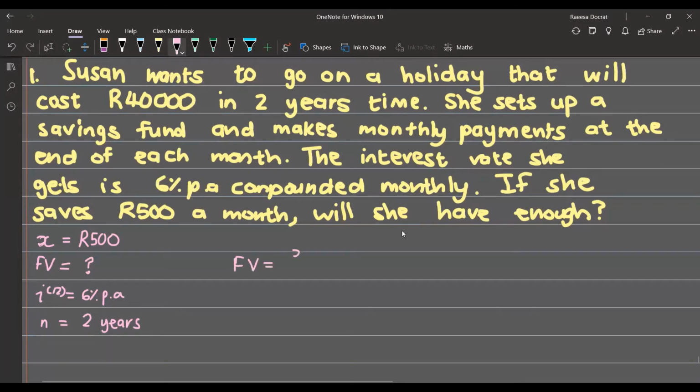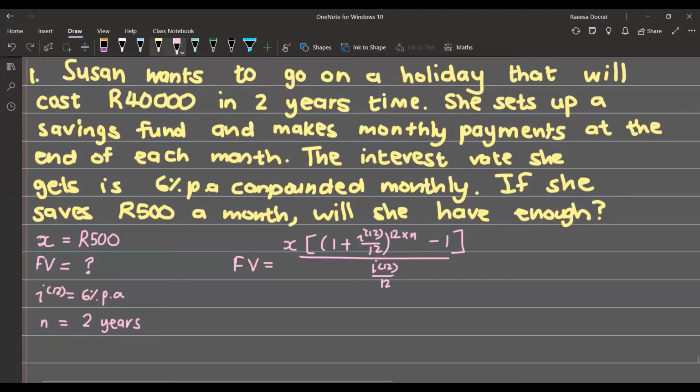Future value is equal to X times 1 plus i. Now, please note she's making monthly payments, so that i must be replaced with i_12 over 12, what I just spoke about. So 1 plus i_12 over 12, to the power of 12 times n, minus 1, all over i_12 over 12.